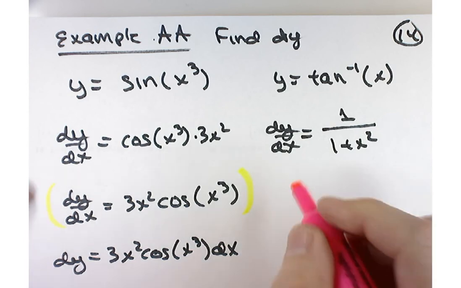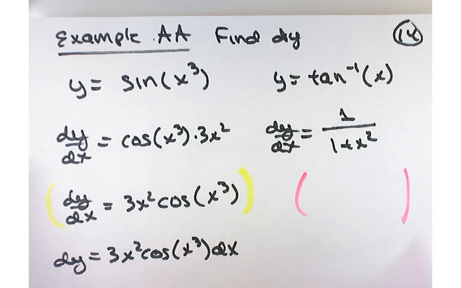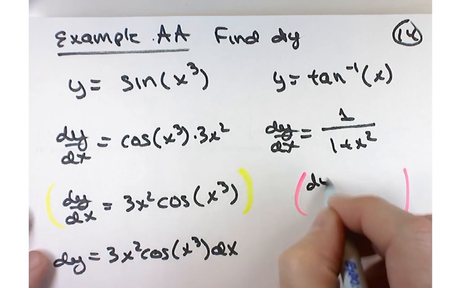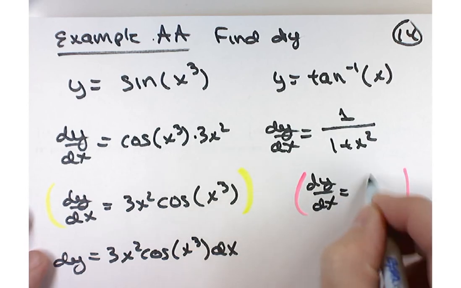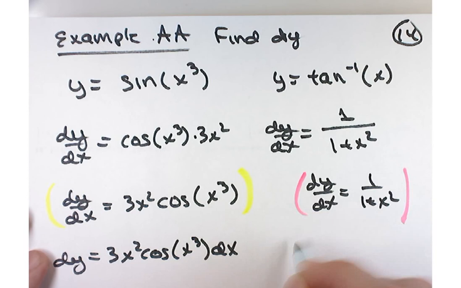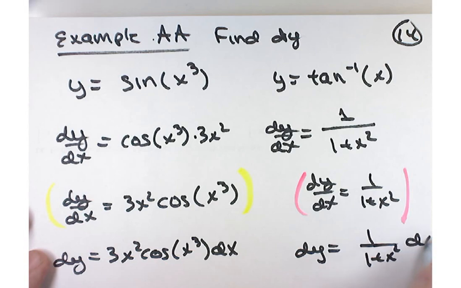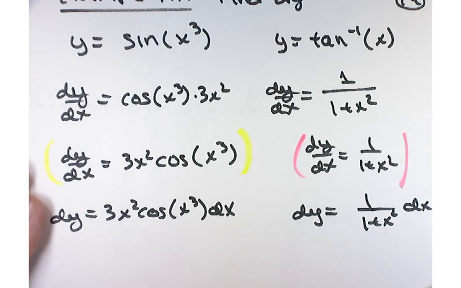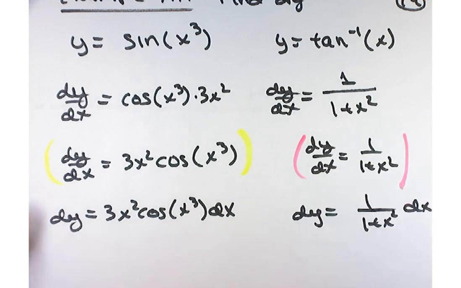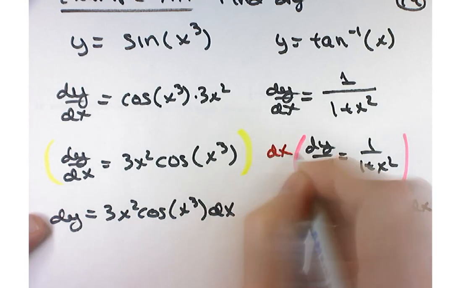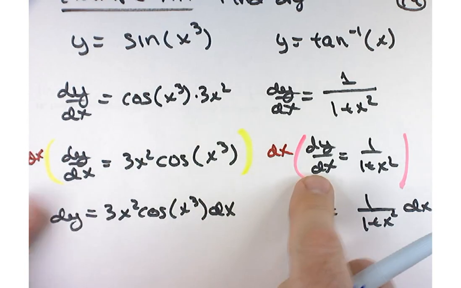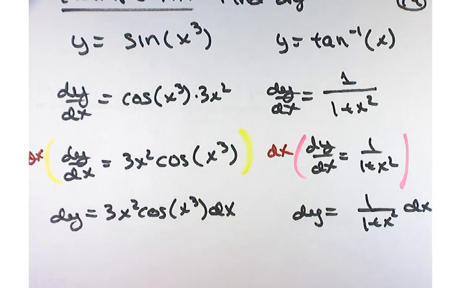If you're asked to solve for dy, then you need to multiply both sides of this by dx and end up with dy equals 1 over 1 plus x squared times dx. So this last step here is that you're really multiplying both sides of the equation by dx. On the left hand side it cancels, on the right hand side you get this.